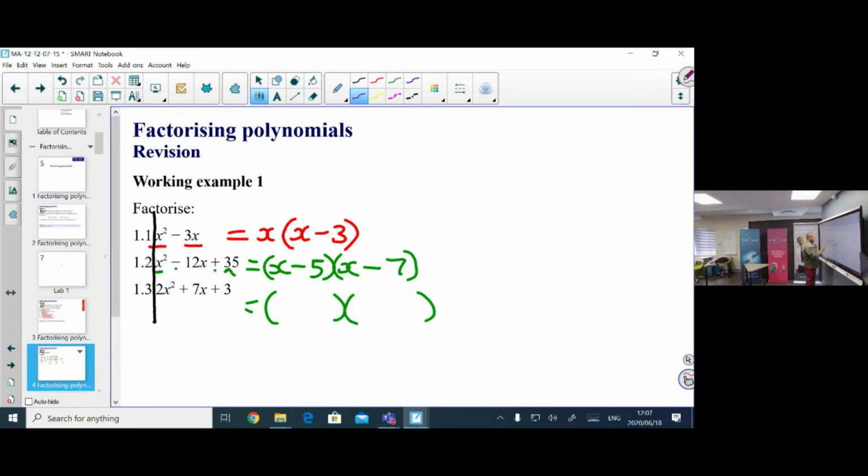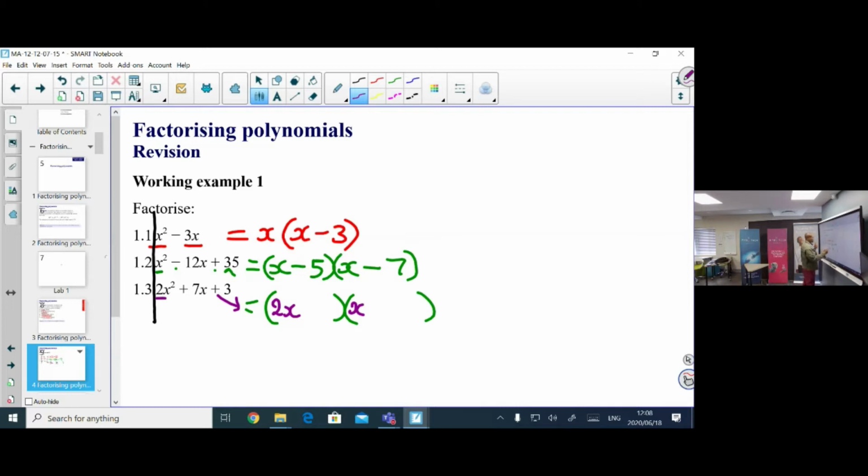So if I am to look at this one, I can see that the first term is 2x squared. So I need to have a product of 2x squared from these two that I've put so far. And the last product is a 3. 3 can only come from multiplying 1 times 3 or 3 times 1.